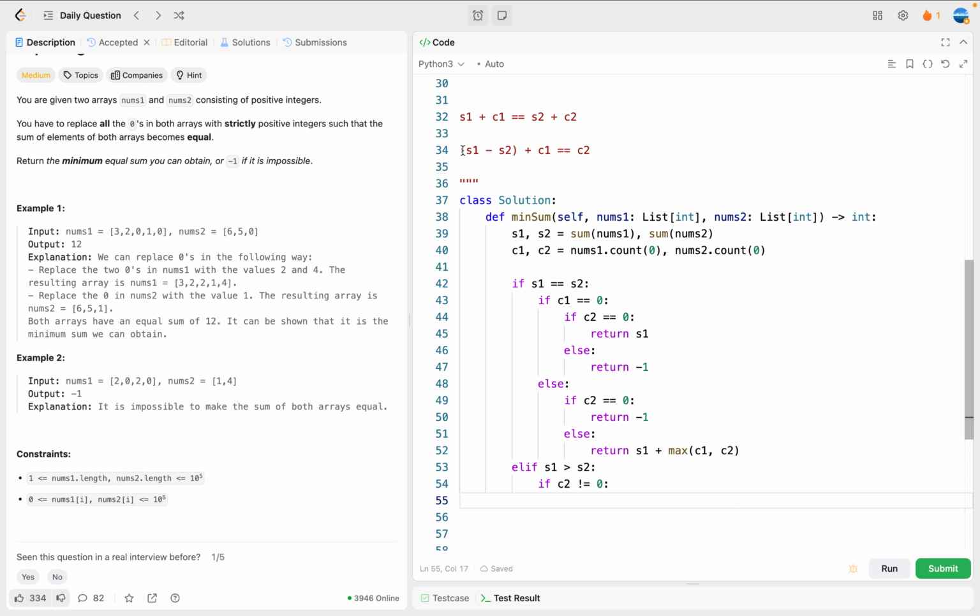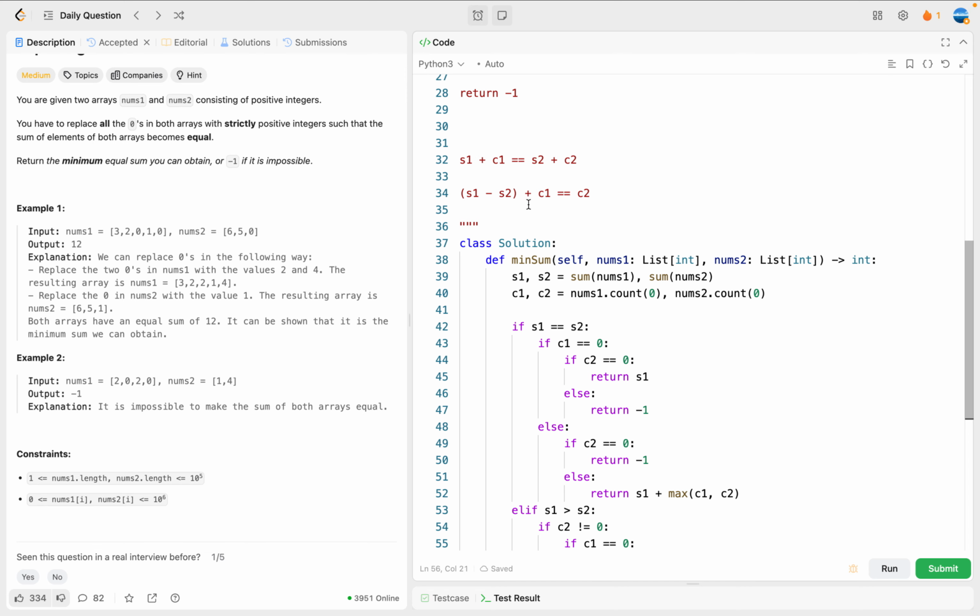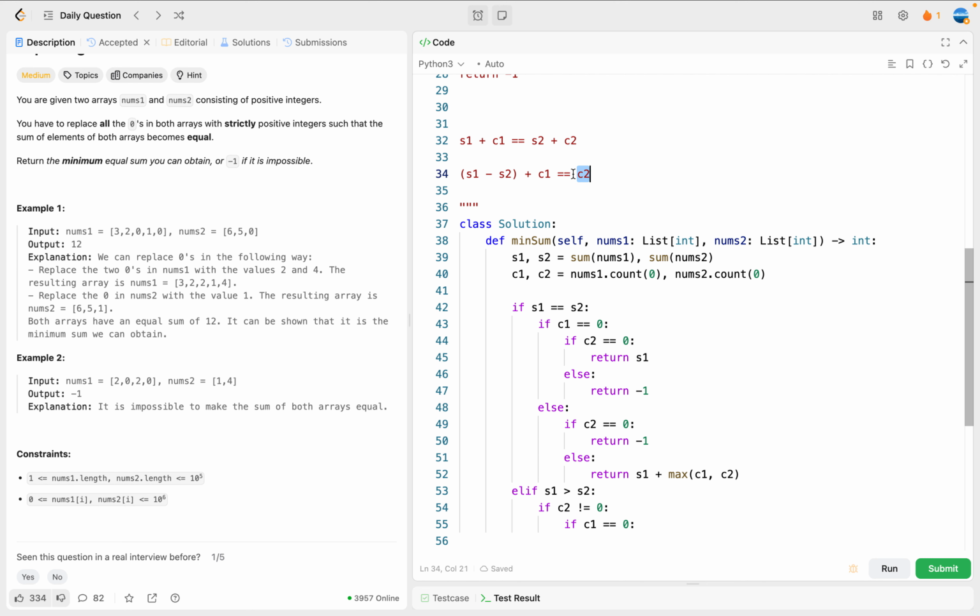So we need to distinguish two cases. If C1 is 0, right? So in this case, if C1 is 0, the left-hand side is a fixed number, that is S1 minus S2. But for C2, we have this number of freedoms, right? So the right-hand side is at least C2.